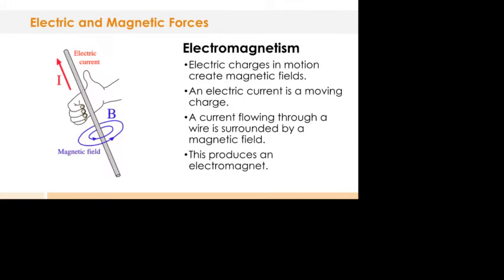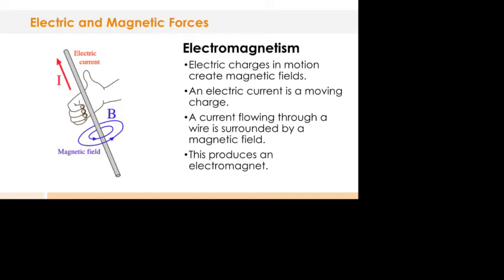So not only do electric fields look and act a lot like magnetic fields, electric charges create magnetic fields. So anytime you have an electric current moving through a wire, that wire will be surrounded by a magnetic field. And if you just have a straight wire, that magnetic field is going to be shown in concentric circles around the wire.